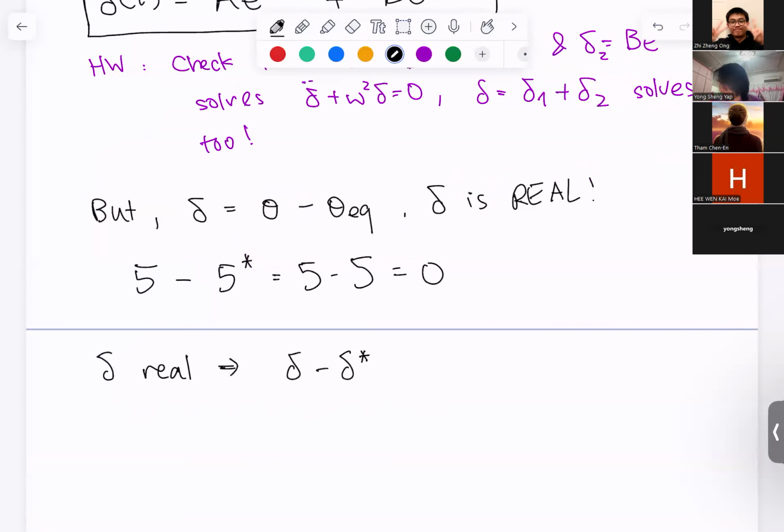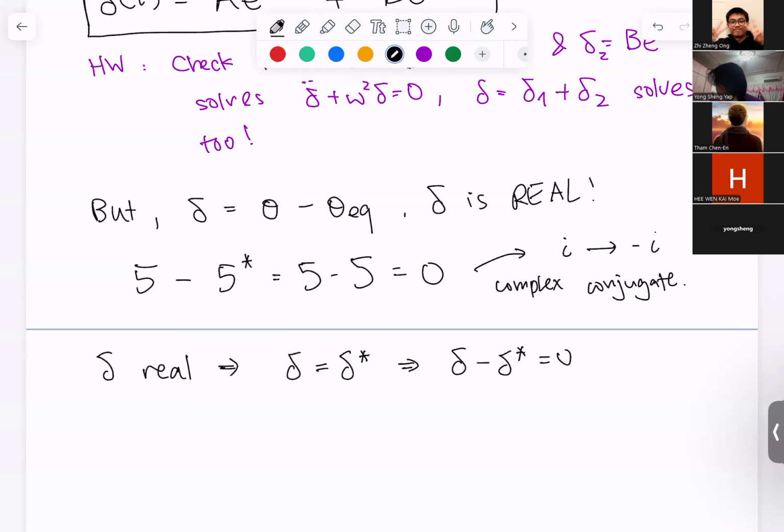I hope you know what complex conjugate means: turning i's to negative i's. So delta minus delta star is 0.